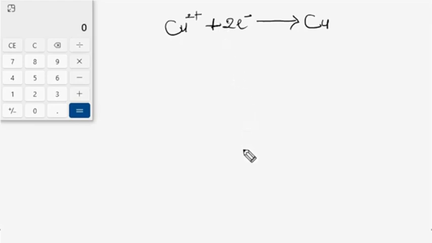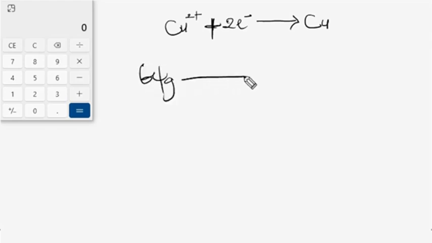So said, how long will this occur? So first of all, in order for us to get the charge in coulombs, we are simply going to make use of our Faraday constant here, because of course we know that the atomic mass of copper is 63.5 or 64.